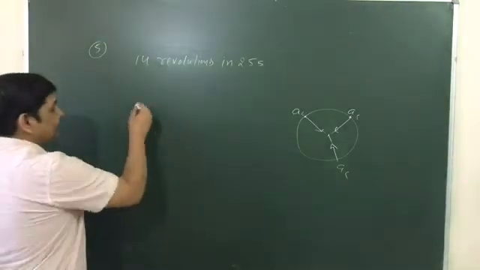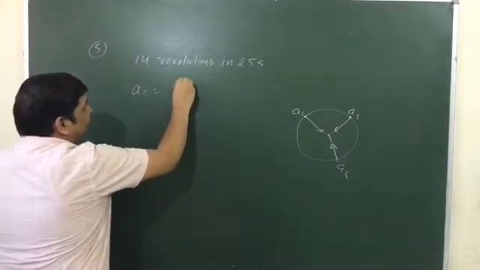And centripetal acceleration is given by v square by r.